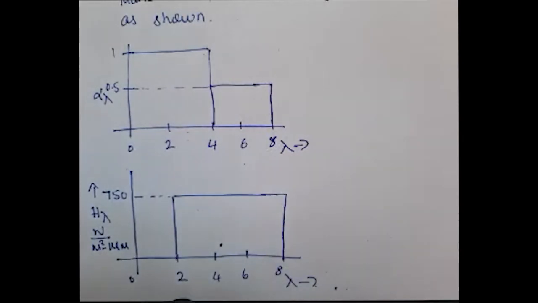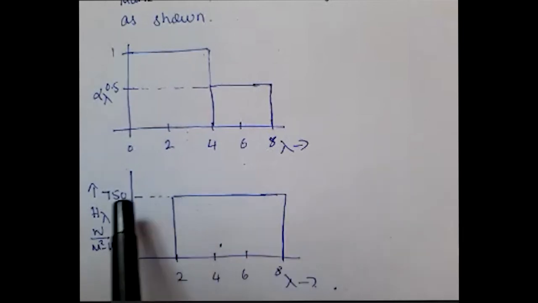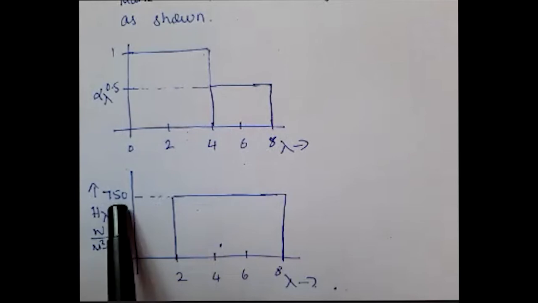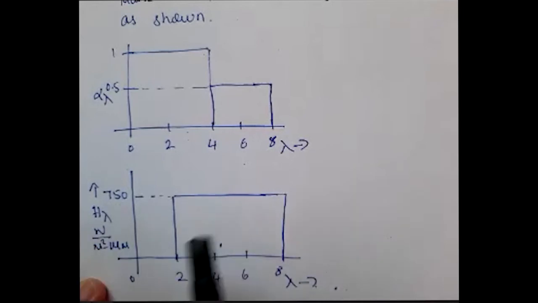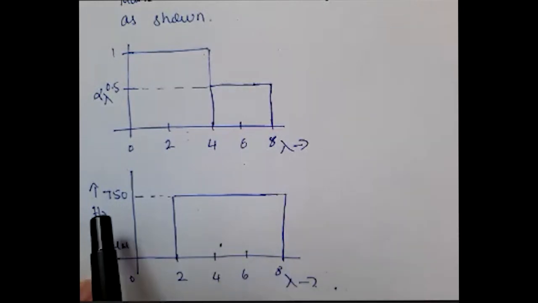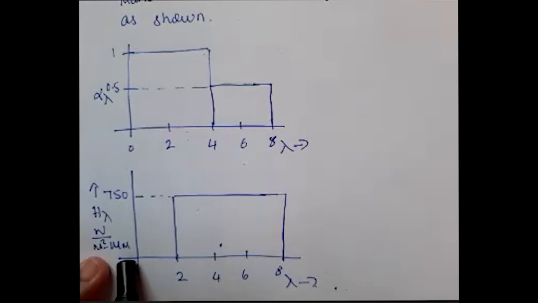In between 2 to 8 for the wavelength, we have H lambda equal to 750 watt per meter square micrometer.